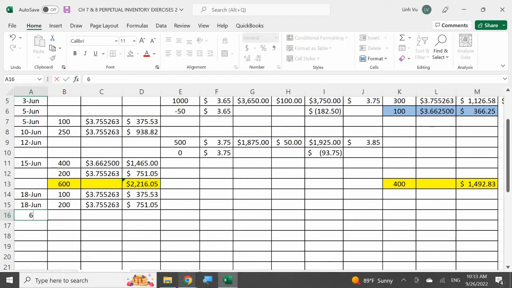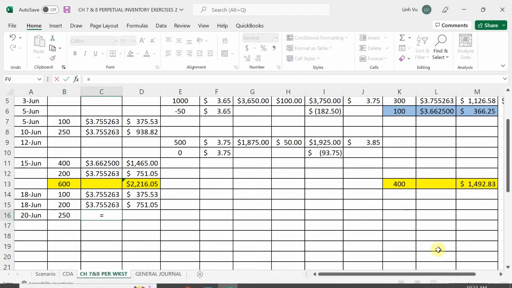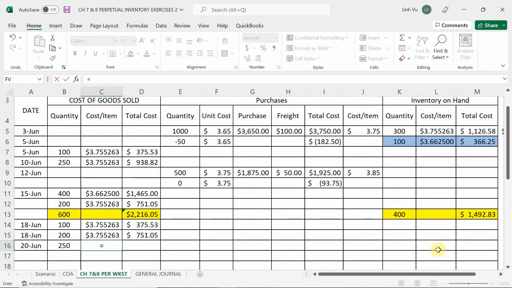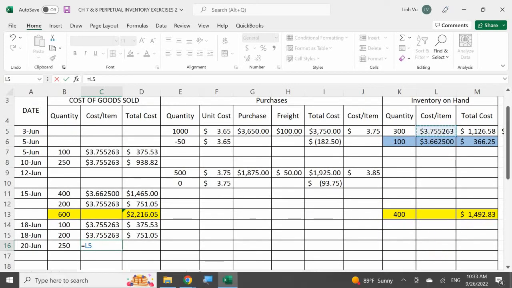It is 6:20 and we sold 250 units. At what cost right now? So right now I have 300 units. Okay.